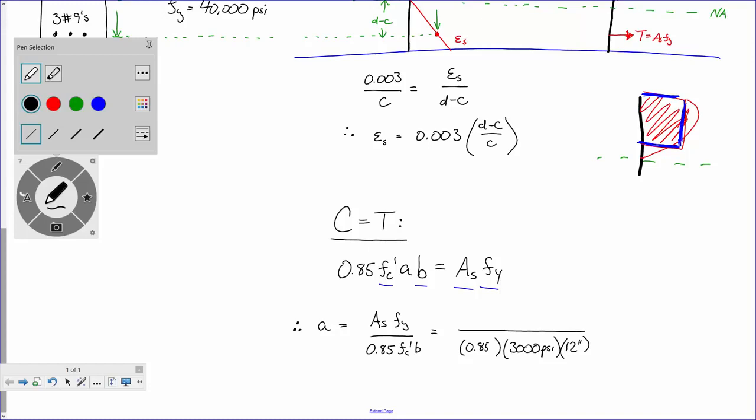As is 3 square inches. And 60,000, or no, 40,000, sorry, 40,000. All right, so what does that give you?